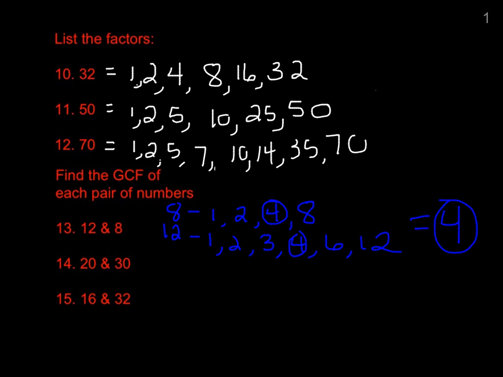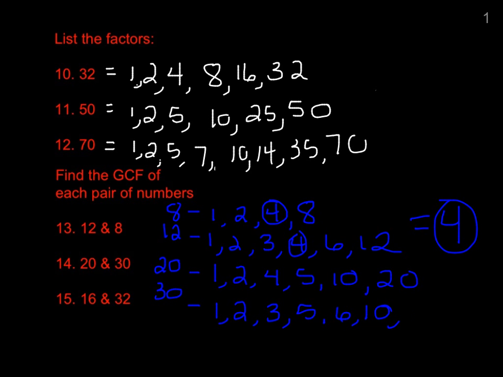Looking at 20 and 30, we should be able to see what that is, but let's just go ahead and list out the factors. I have 1, 2, 4, 5, 10, and 20. And on 30, that would be 1, 2, 3, 5, 6, 10, 15, and 30. So you see the biggest one we have here is the 10. So 10 is the greatest common factor of 20 and 30.